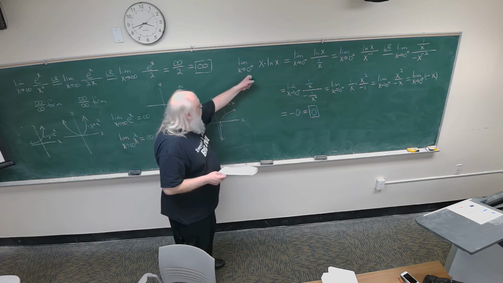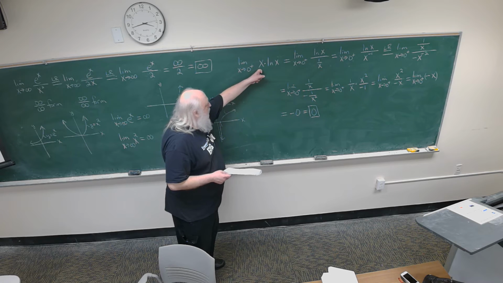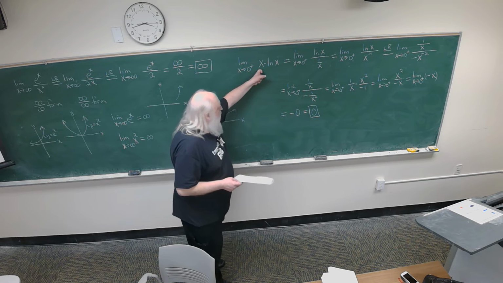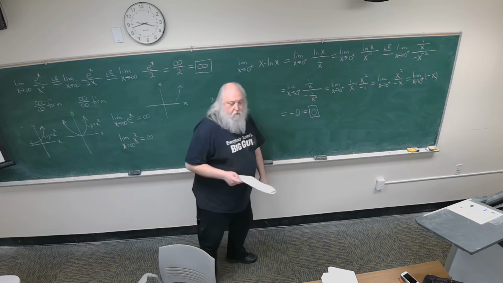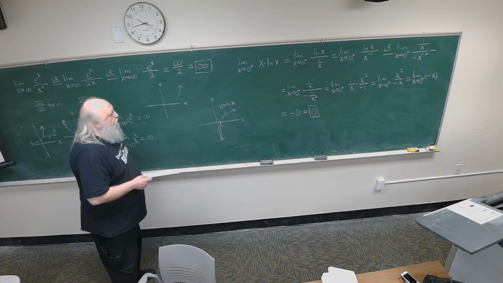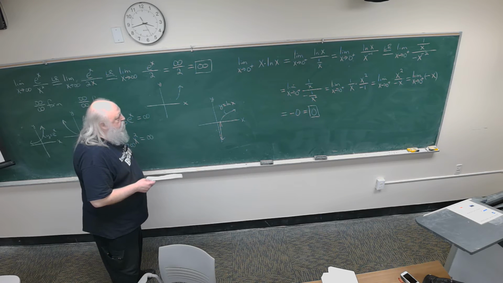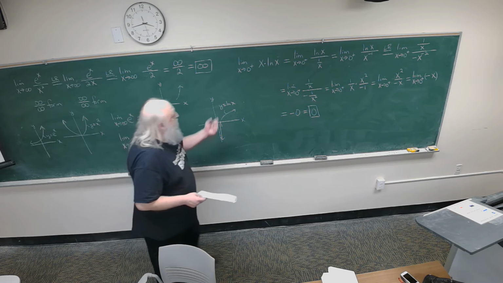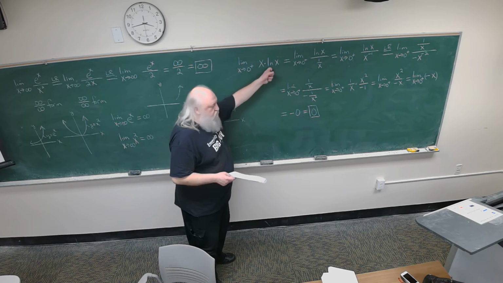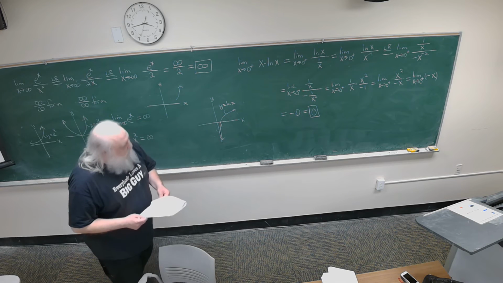So as x approaches 0 from the right, x times the natural log of x approaches 0. This function is undefined at x equals 0 because the natural log of 0 is undefined. Any questions on that?